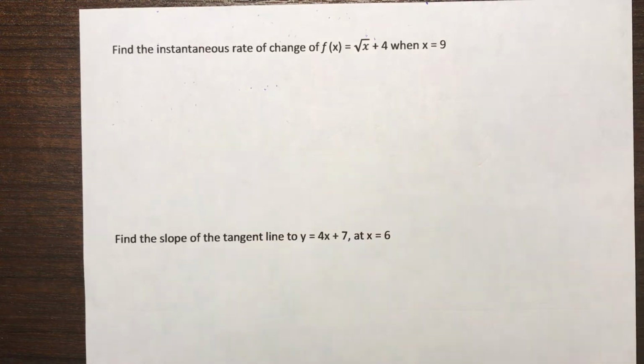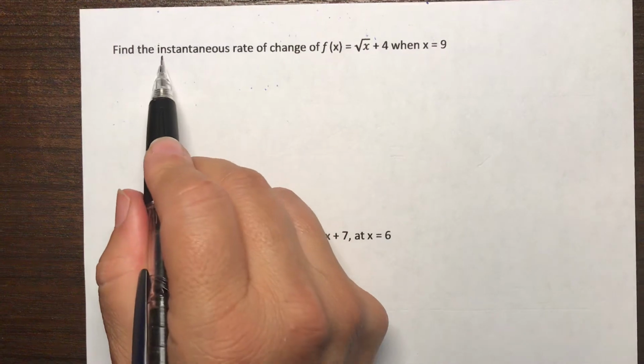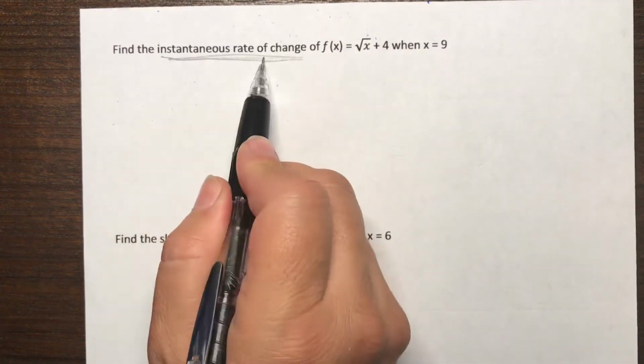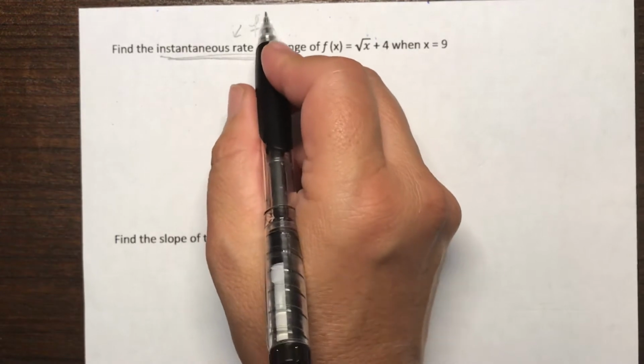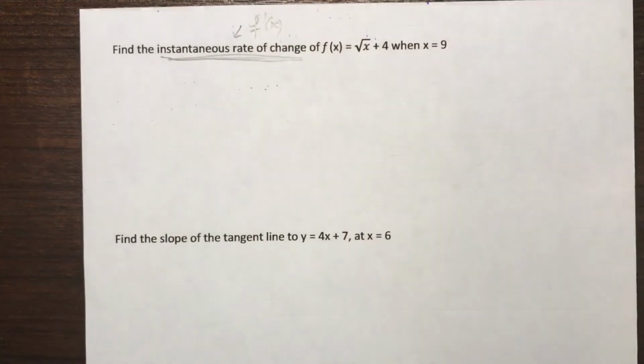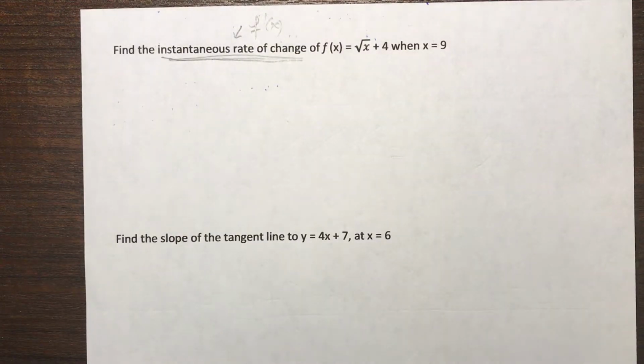So, what does it mean to find an instantaneous rate of change in a function? Well, to find an instantaneous rate of change in a function simply means to find its derivative, yes? Okay, so it's really the problems we did on the previous page, just wrapped in a little bit of a different story.